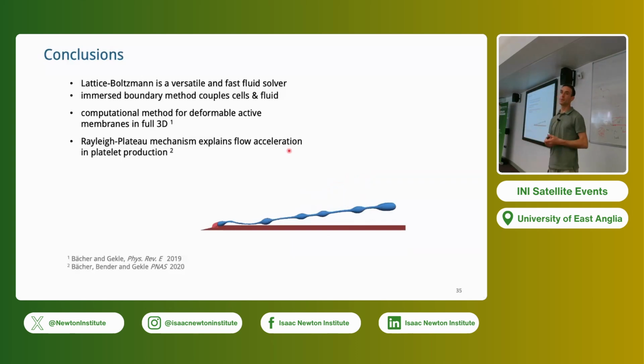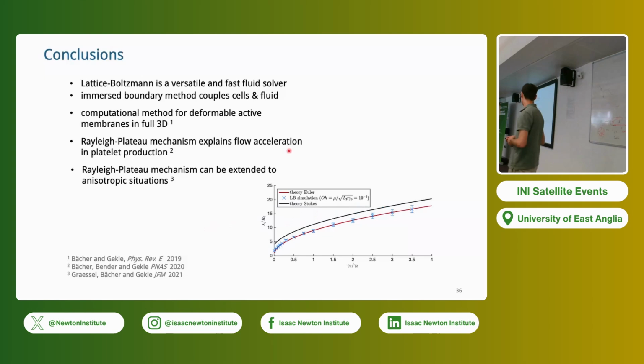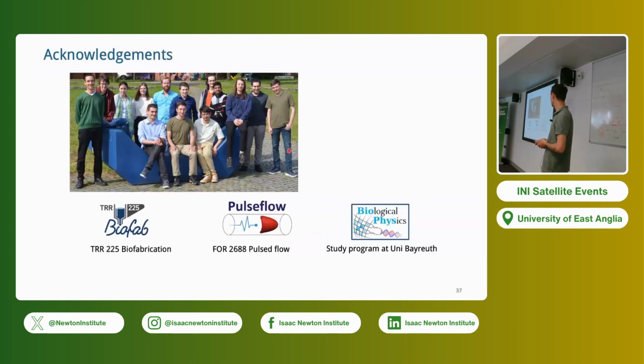I showed you the hypothesis that we think a Rayleigh-Plateau mechanism of a different kind, not surface tension, driven by this active stress, is behind the formation of blood platelets. And finally, I showed you how the Rayleigh-Plateau analysis can be analytically extended to the anisotropic case.